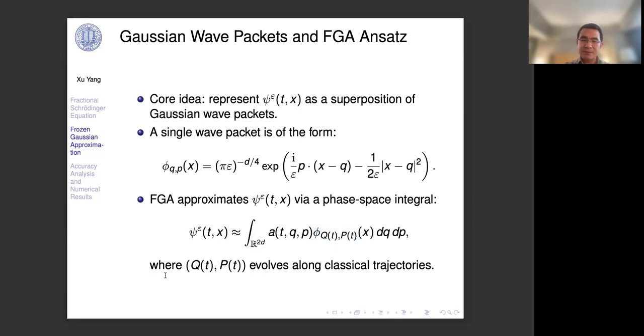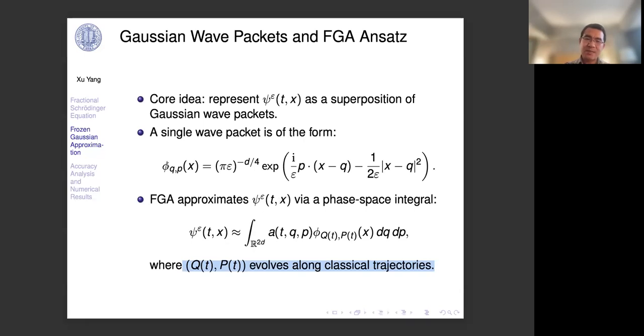Okay, and then the trick is we have to let this Gaussian wave packet have some dynamics in order to capture a good approximation of the wave function dynamics. And how can we let them have dynamics?